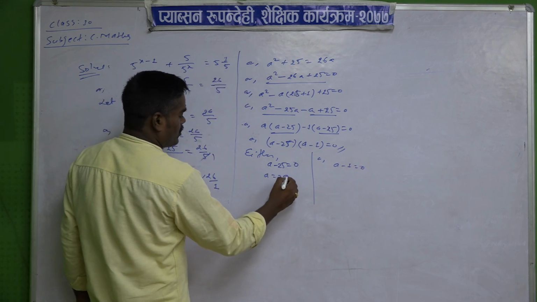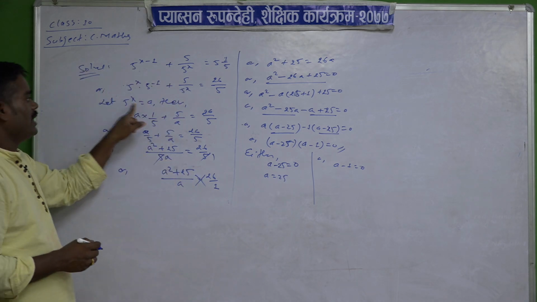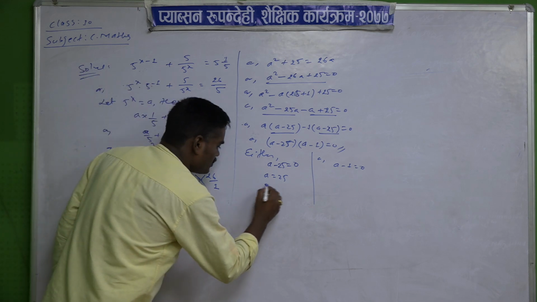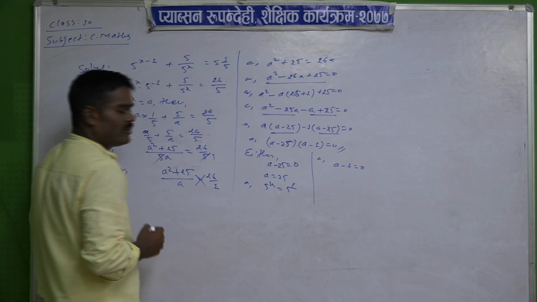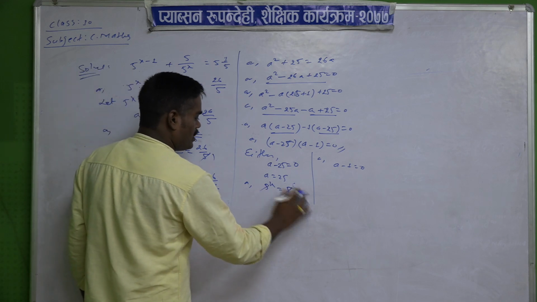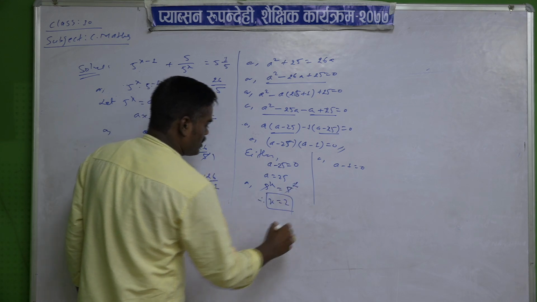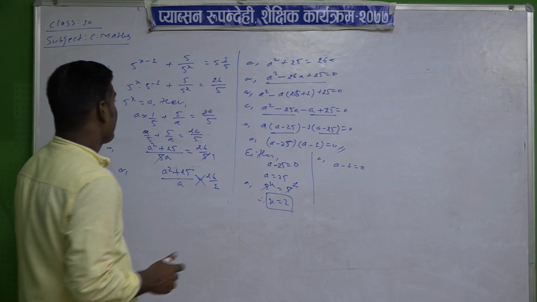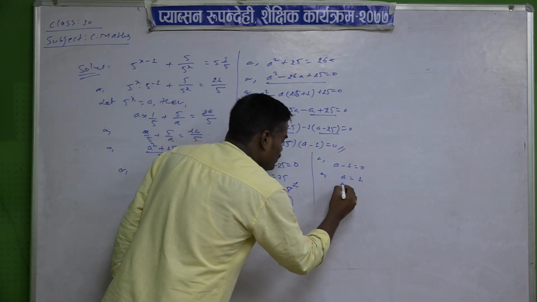So, a equal to 25. And a equal to 5 power x. So, 5 power x, and we can write 25 as 5 square. So, 5 cancelled, what is left? x equal to 2. And the other one, a equal to 1.